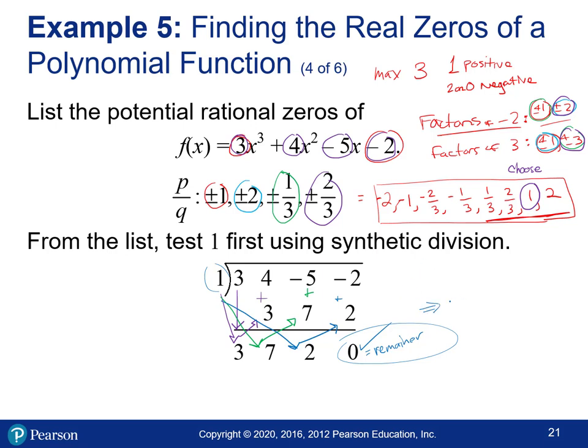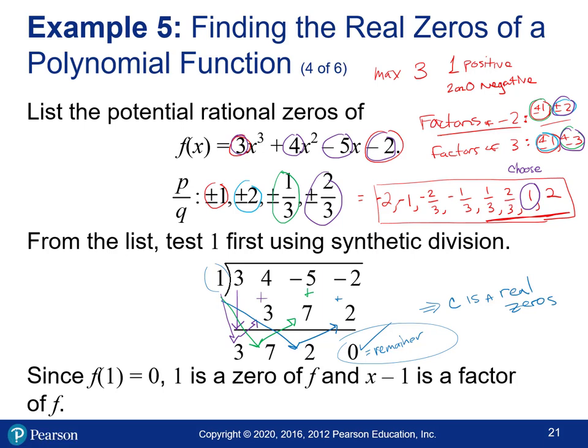So the number that we divided by, which we call C from our factors, C is a real zero. Yay, this is good news. And that's from one of our theorems that we learned in a previous video. So if f of 1 is 0, then 1 is a real zero of our polynomial, and x minus 1 is a factor. This was from our factor theorem.